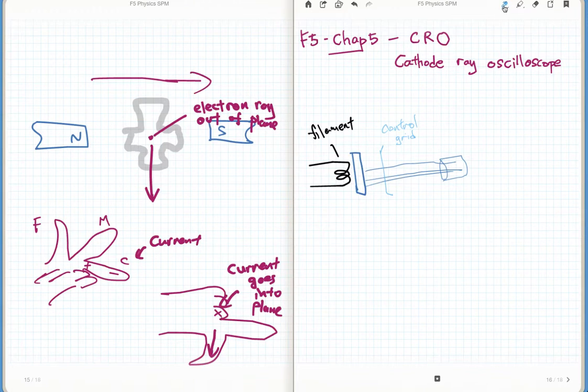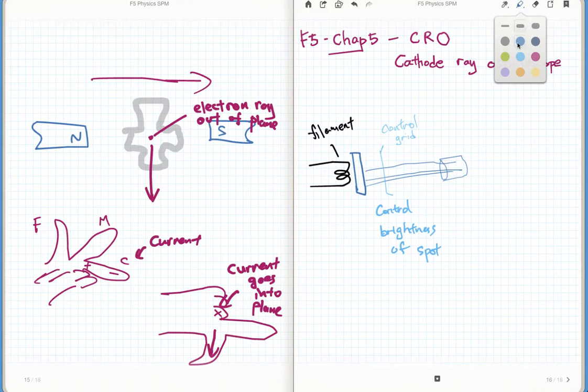This control grid is designed so as to control the brightness of the spot. If you have only one electron beam passing through it, then it will control the amount of electrons that pass through and then hit onto the screen.